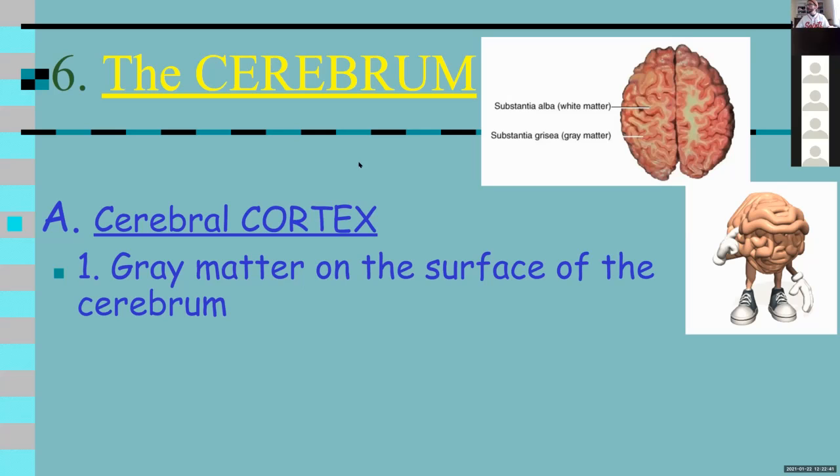And remember, the surface is highly folded, so we have a lot of surface area for the cerebral cortex. Your cerebral cortex is responsible for language, hearing, actually understanding what you're hearing, being able to talk, problem solving, and a whole host of other processes.